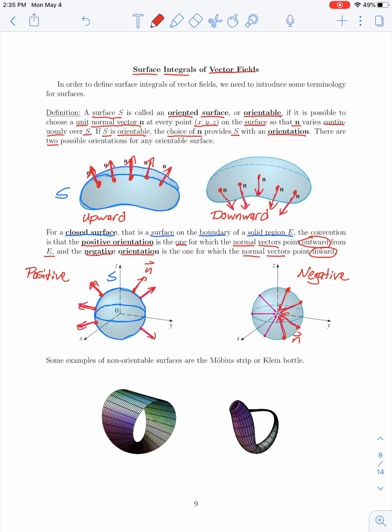So as I mentioned, any of the surfaces that we're working with in our course will be orientable. They're relatively nice surfaces. And just to illustrate that not every surface is orientable, what would be some examples of non-orientable surfaces? So the classic example is what's called the Mobius strip.